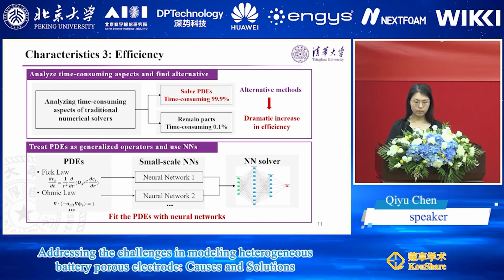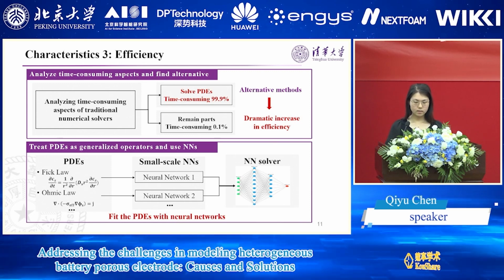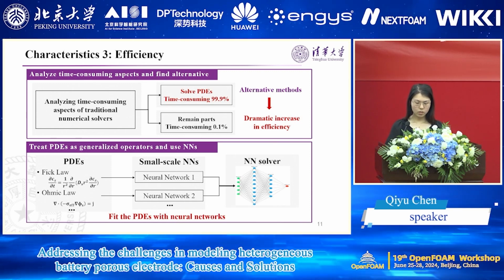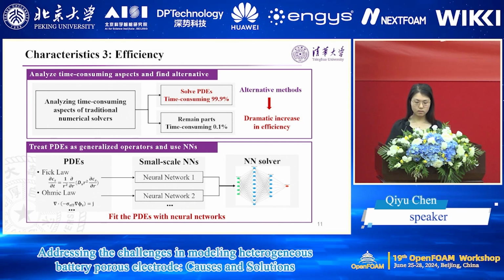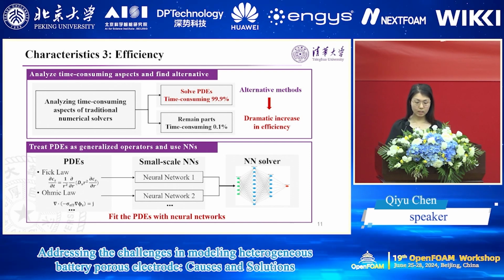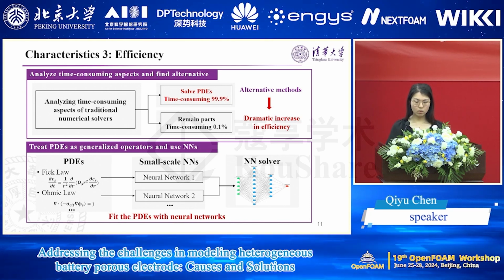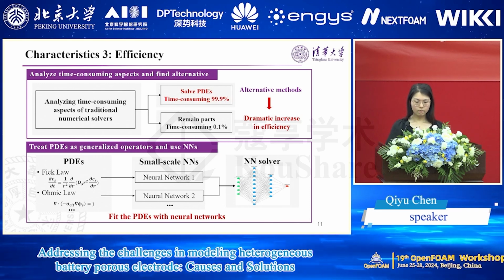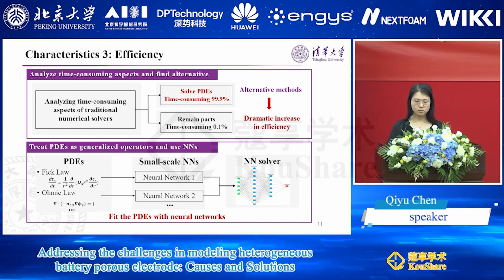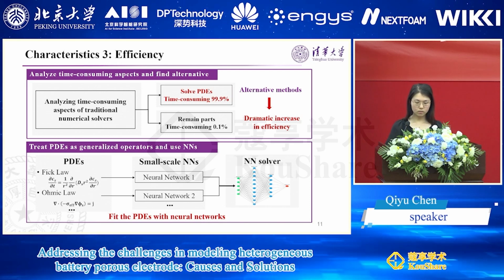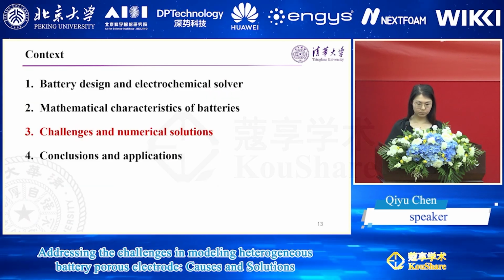Therefore, to improve efficiency, a suitable alternative must be found. Through research, we found a method where a single PDE is viewed as a generalized operator, which is then fitted using a small-scale neural network. Finally, these numerous networks are combined into a large network.